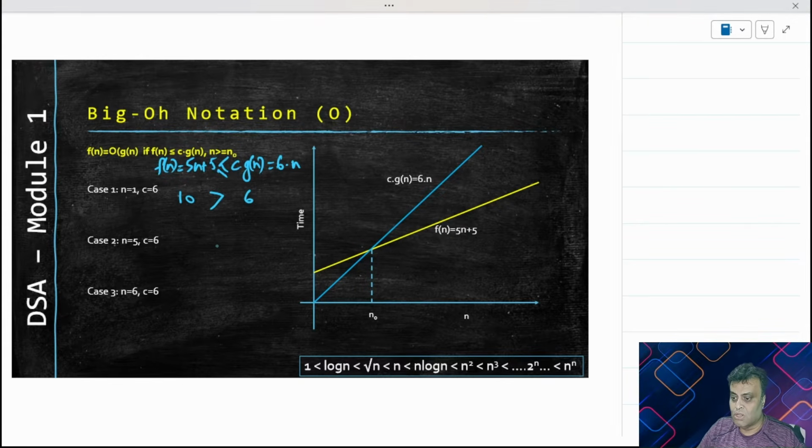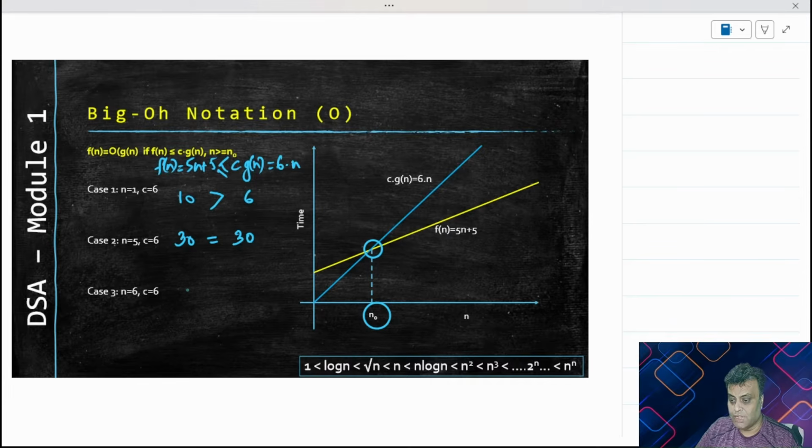So let us go on and put n equal to 5. 5 5s are 25, plus 5 is 30. Now on the right side we get 6 into 5, which is 30. So if I get this, then we can say that they are now equal. So we are now at that inflection point where your Cgn is trying to cross Fn.